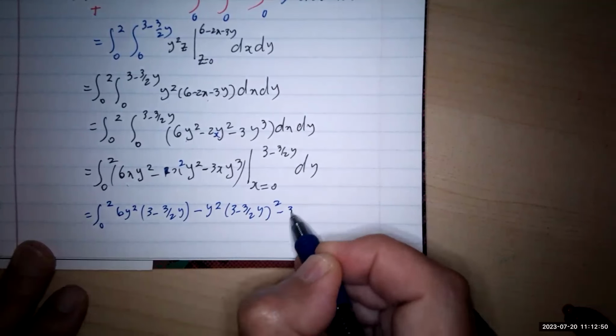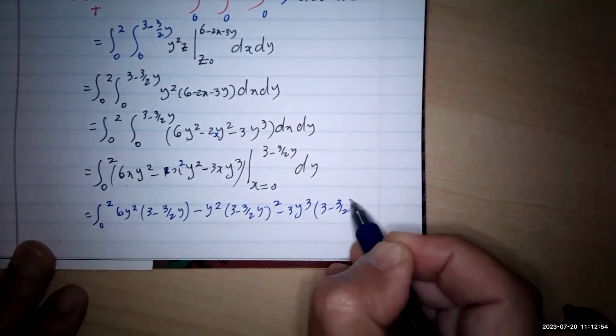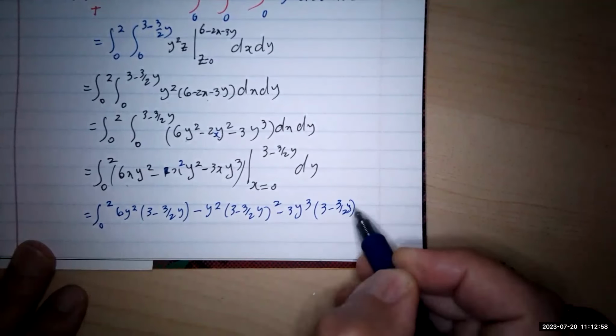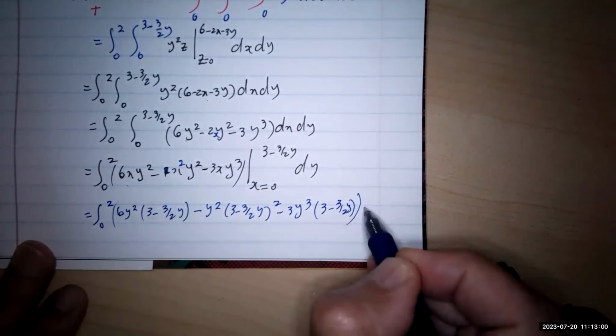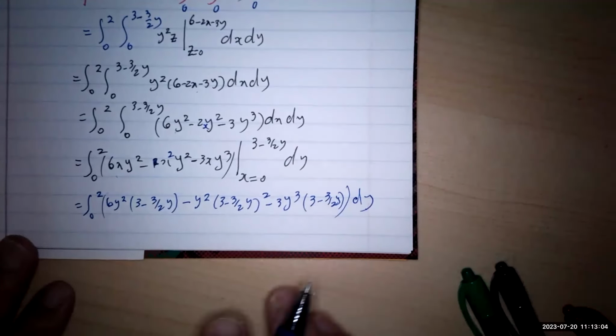Minus 3y cubed times 3 minus 3 half of y. And everything is going to be in dy. So that would be easier to handle.